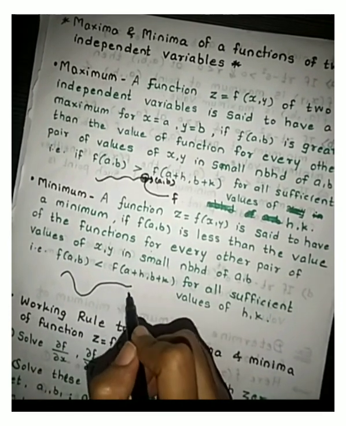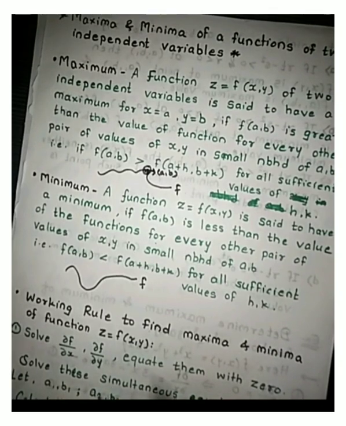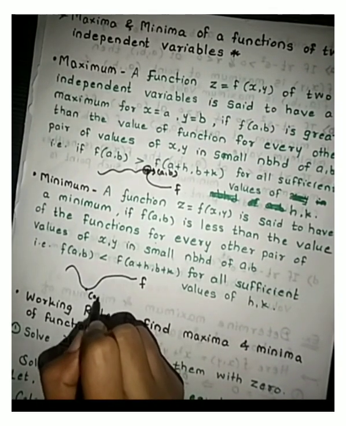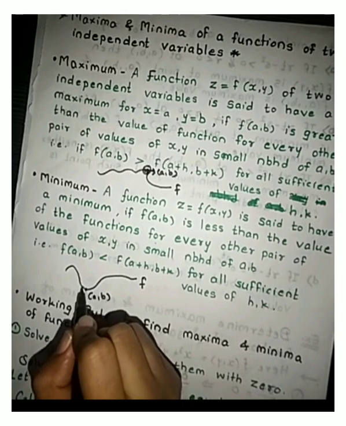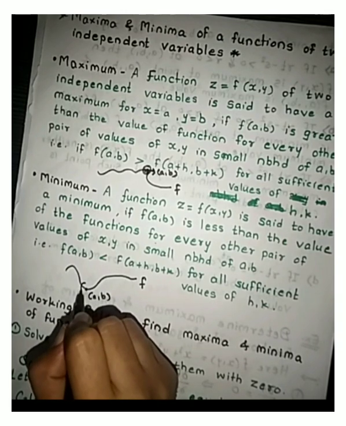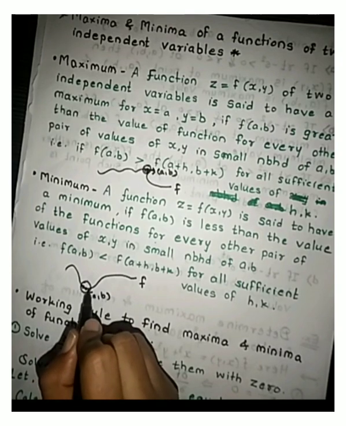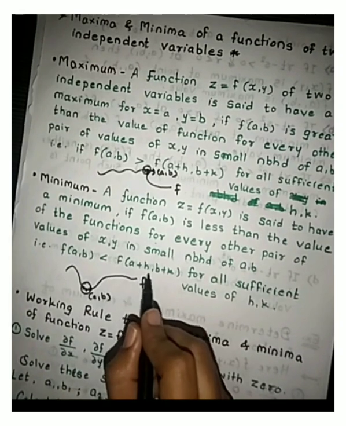It means this is our function f, this is the graph of that function. So this is a point a, b, then point a, b is called a minimum point if there is any small neighborhood of a, b, then for all other points in that neighborhood f of a, b is less than f of a plus h, b plus k.